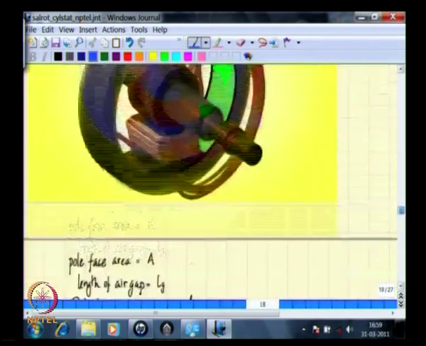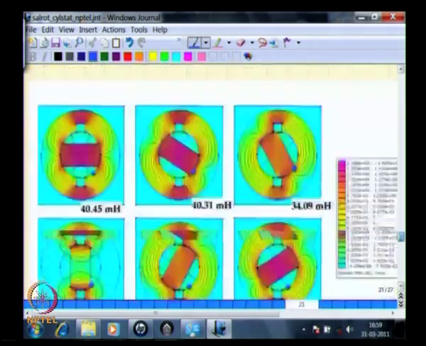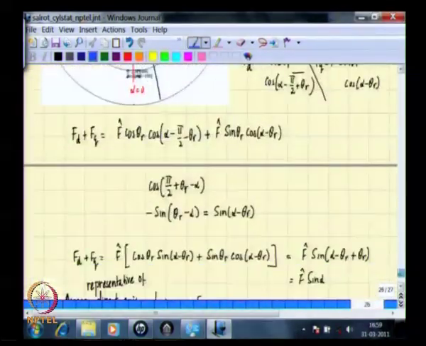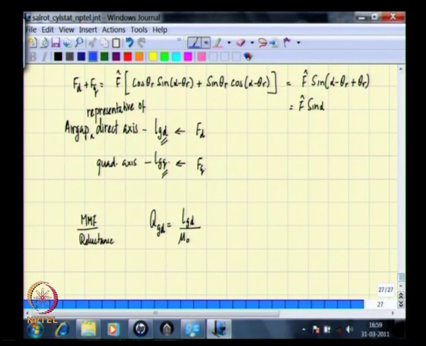Now, let us say we want to consider the flux at a particular angle alpha. Then we consider an elemental angle d alpha, and along the axial length of the machine, the area associated with that will be r d alpha, that is the segment length, multiplied by L, that is the axial length of the machine.